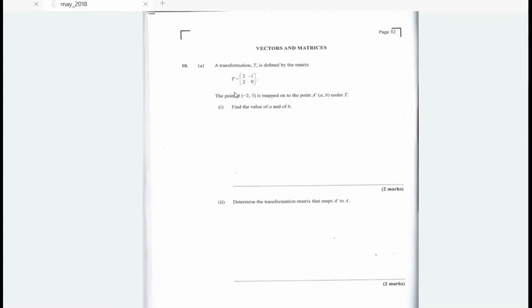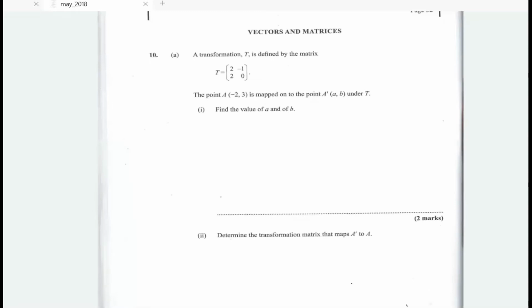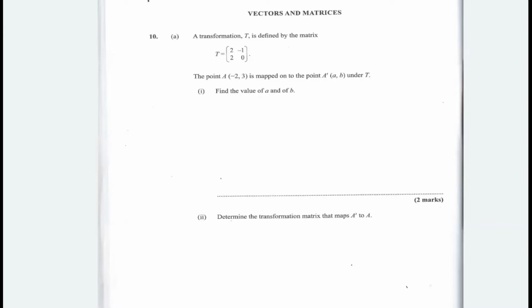Vectors. Question 10. It says a transformation T is defined by the matrix T equals [2 -1; 2 0]. The point A, which is (-2, 3), is mapped to the point A prime (a, b) under T. Find the values of a and b.